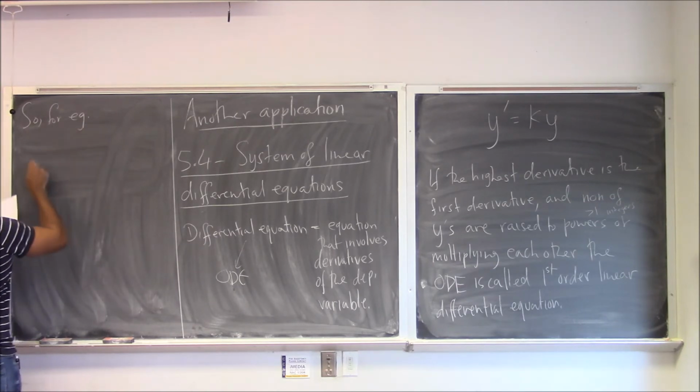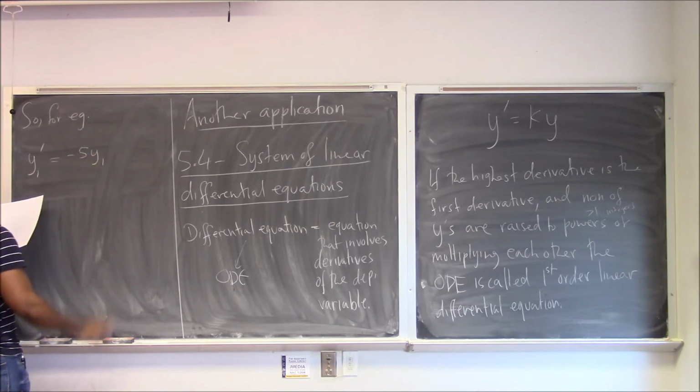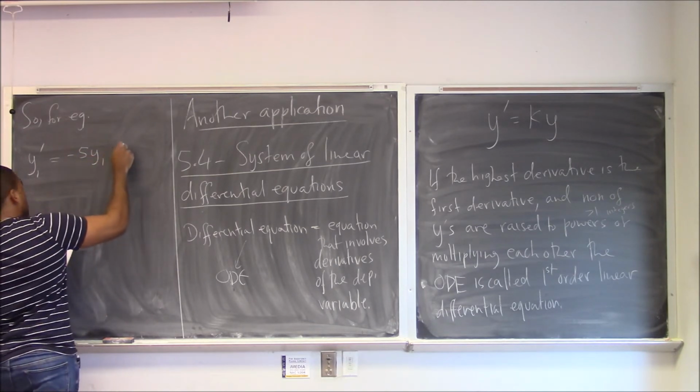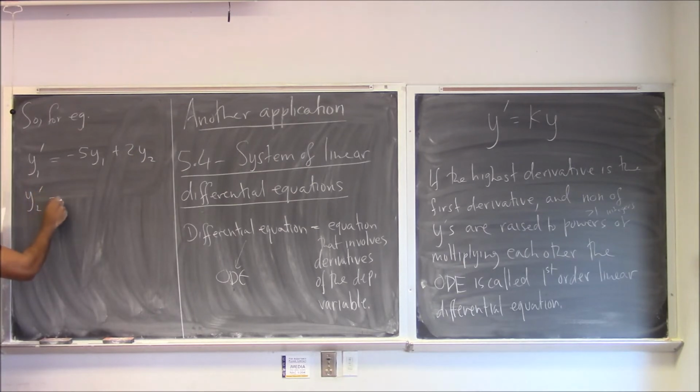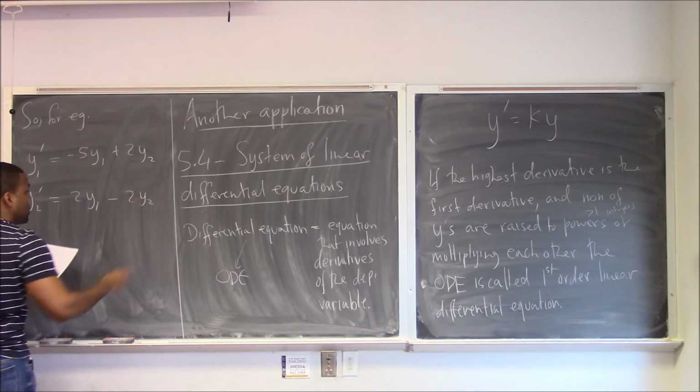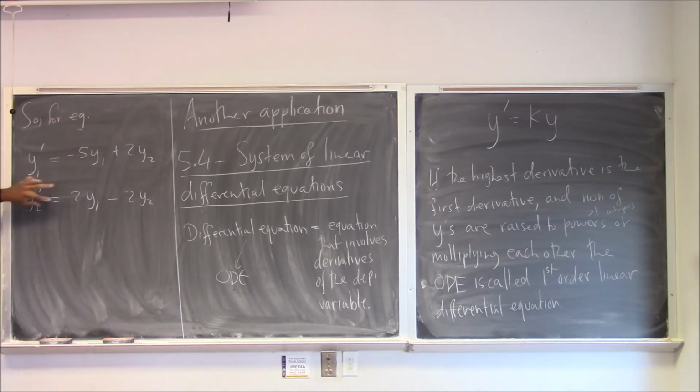If I look at something like this, here's the derivative of some value. I know that it is 5 times that value plus 2 times some other value. Another quantity's derivative is 2 times some value minus 2 times some other value. So let's say I have two quantities that are relating to each other. The rate of growth of one is affected by itself and the other, and the rate of growth of the second one is affected by itself and the other.